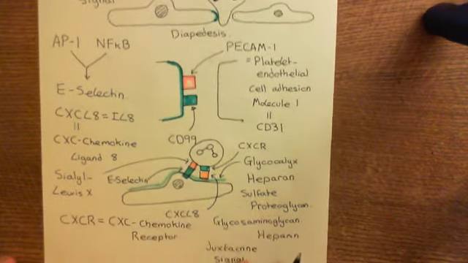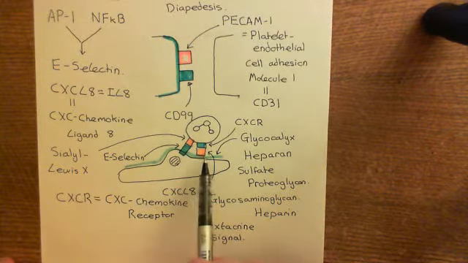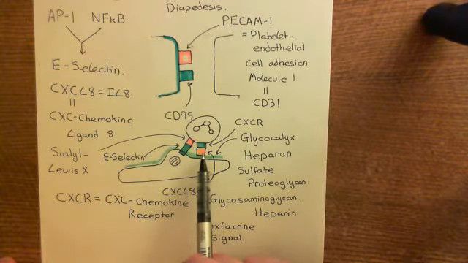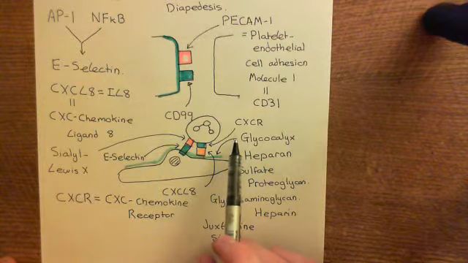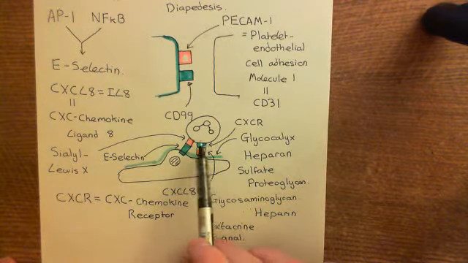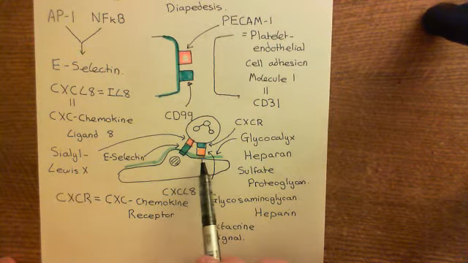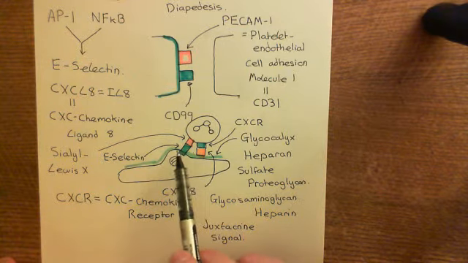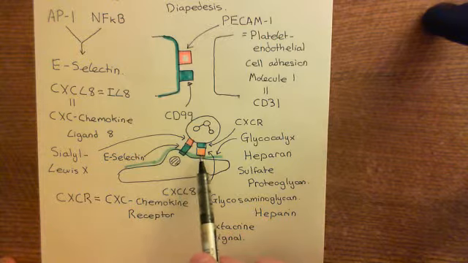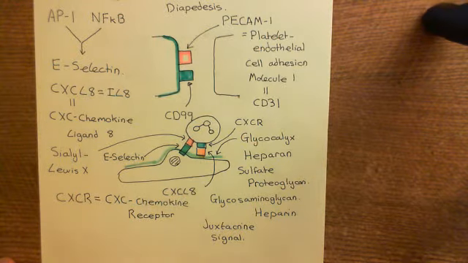Then what you'll get is the CXCL8, which has been mounted on heparan sulfate proteoglycan on the surface of the endothelial cell, will bind to a CXC chemokine receptor on the surface of the neutrophil, and that forms this tight adhesion. Okay, so you have this juxtacrine signal basically, which contains both the E-selectin and the CXCL8.